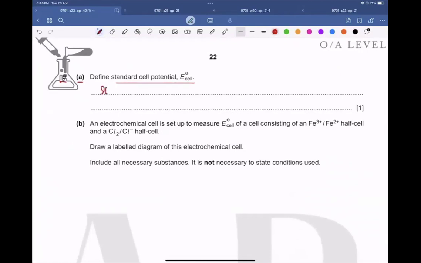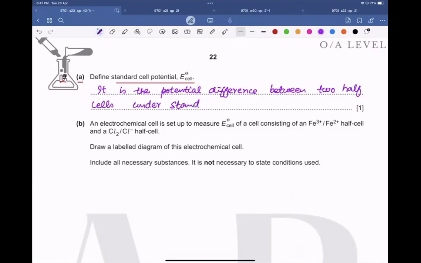So we can define it as the potential difference between two half cells under standard conditions.